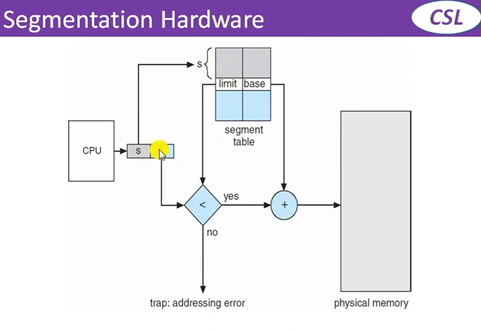Let us say the offset is 200 and the segment size is 100. Then location 200 is not available in the physical memory for this segment, so the memory management unit generates an error called a trap. Then the operating system takes care of that addressing error. This is how the logical address of the segment is converted into a physical address.